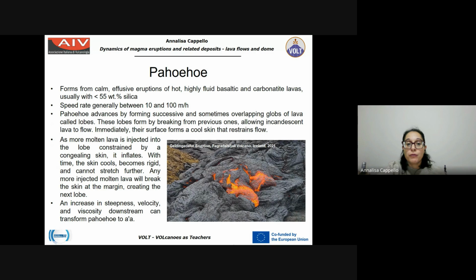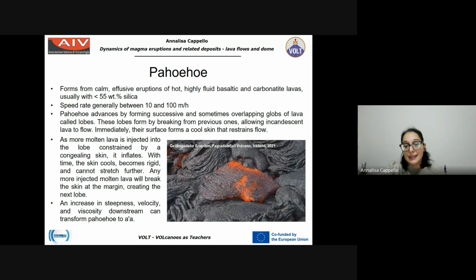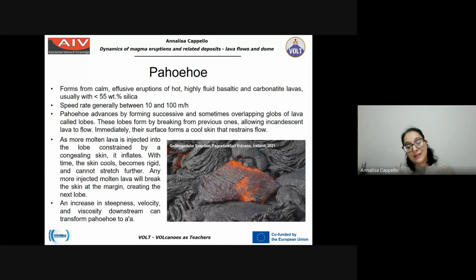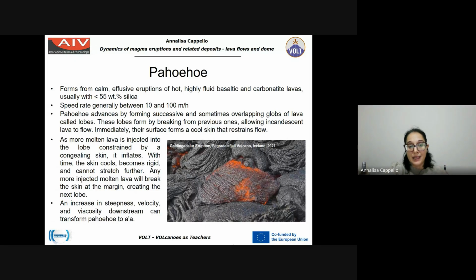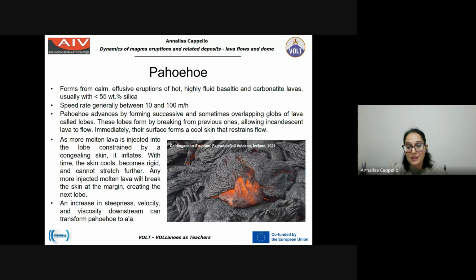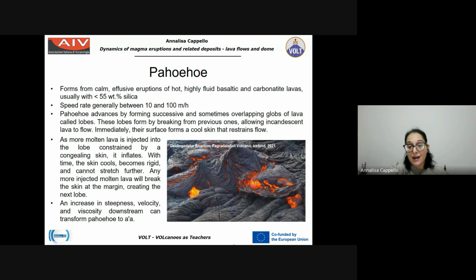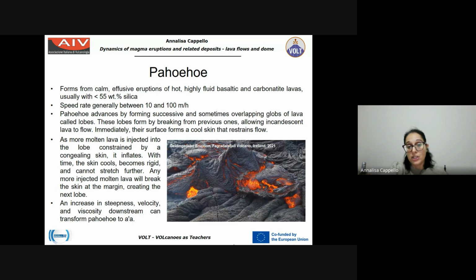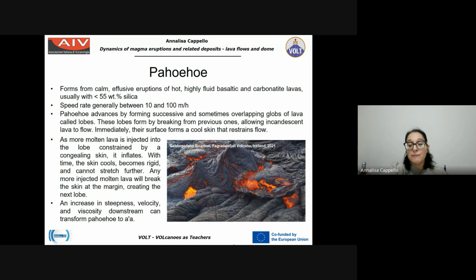These lobes form by breaking previous ones, so the incandescent lava flows by overlapping the coldest globe. When new, more molten lava is injected, the lobes begin to inflate, and then the lava breaks the skin at the margin, creating the next lobe.